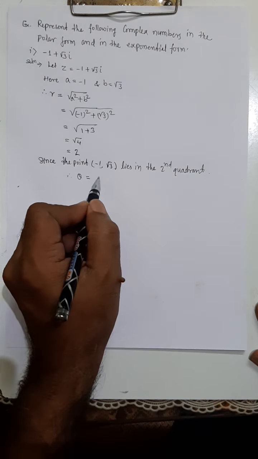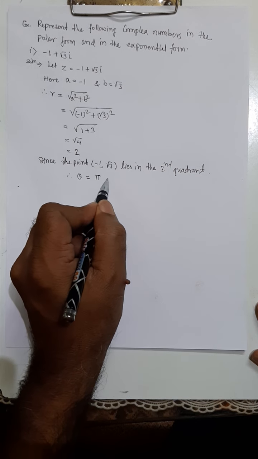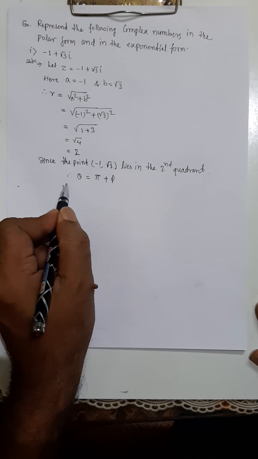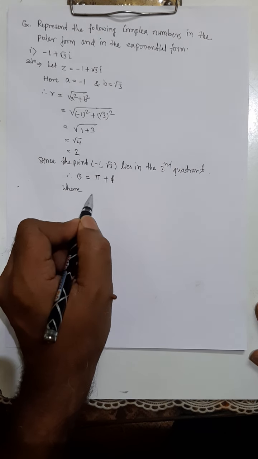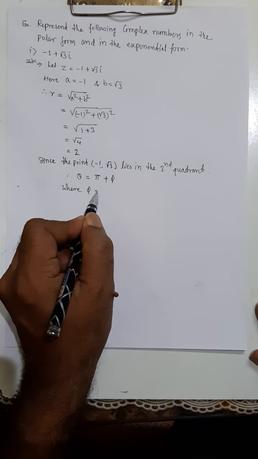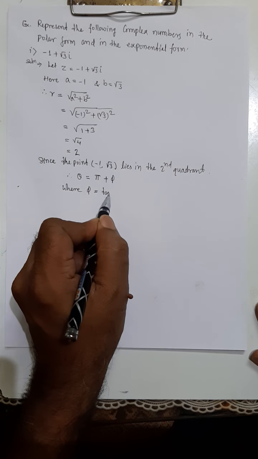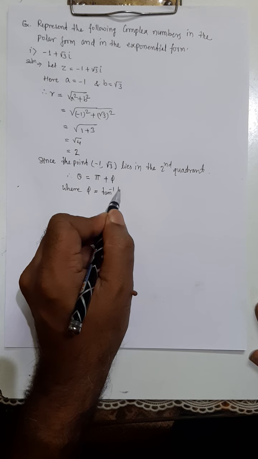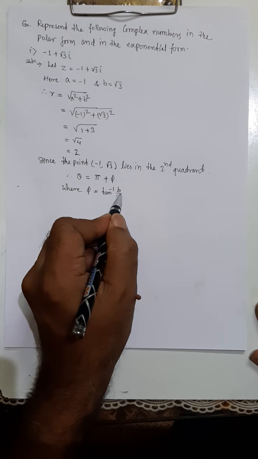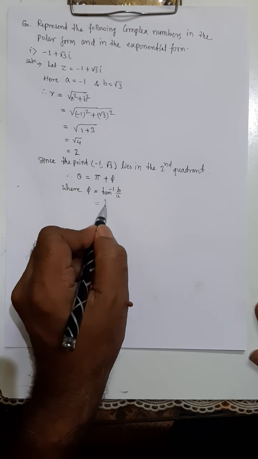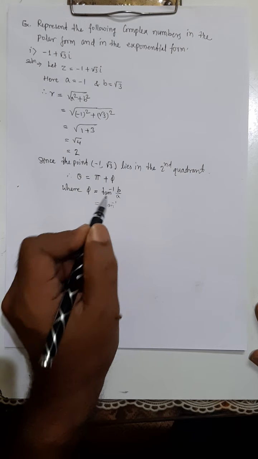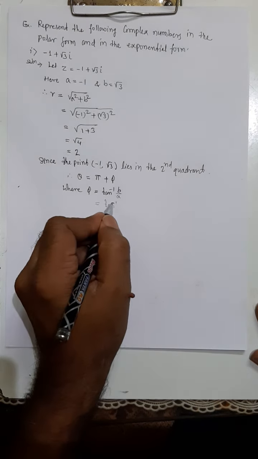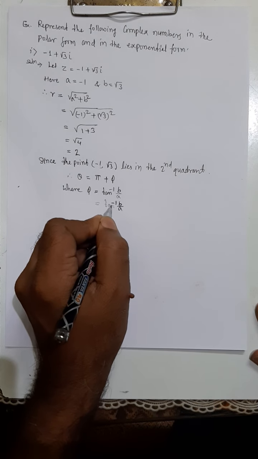That means definitely theta is pi plus some angle phi, where phi is nothing but the argument of z. Formula is tan inverse of b divided by a.